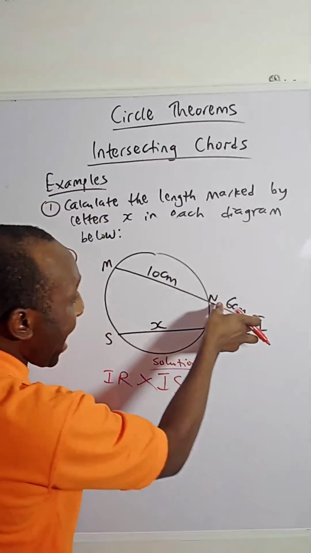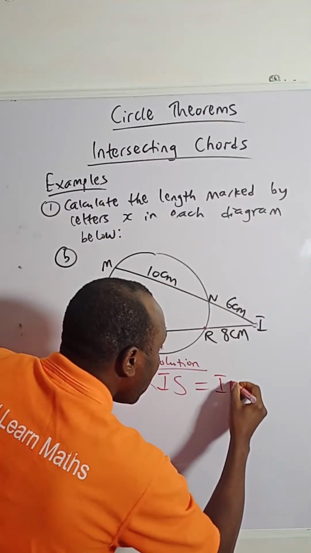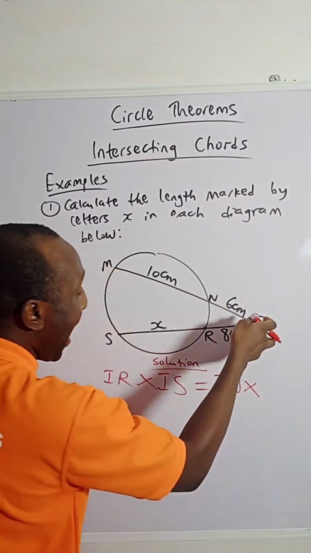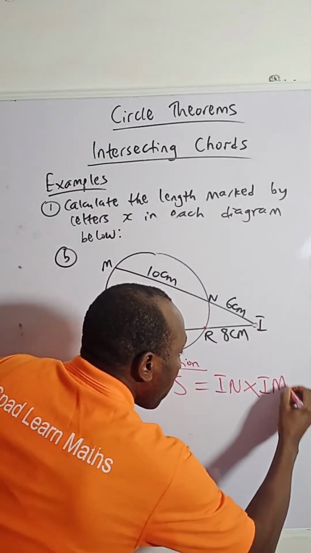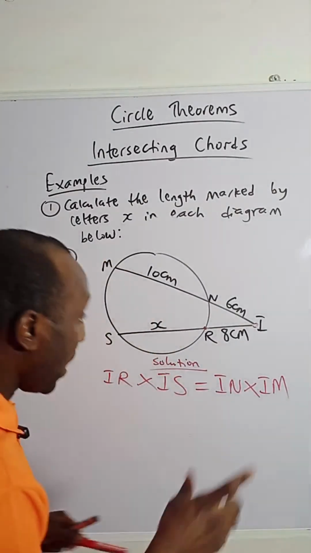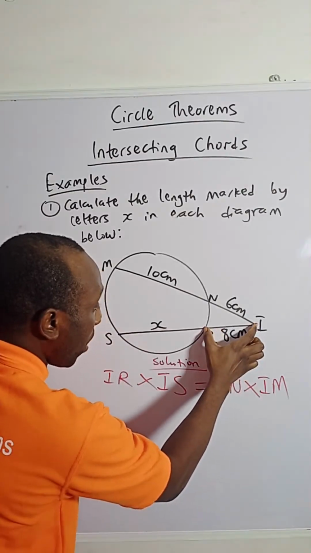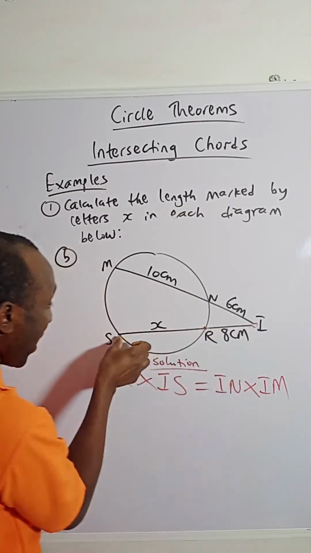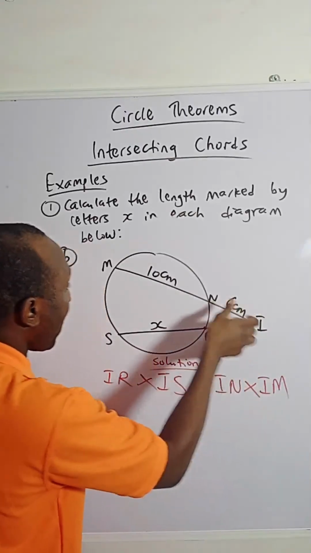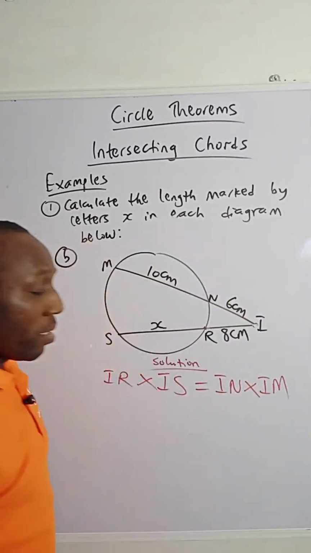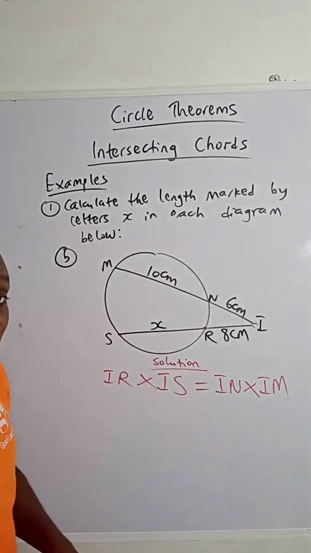You do IN times IM. Let me say it again. From I to R times I to S, and then you do IN times IM. You equate the products of what I've just said.